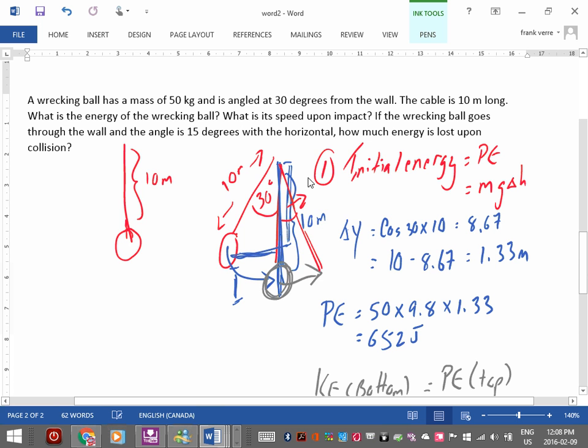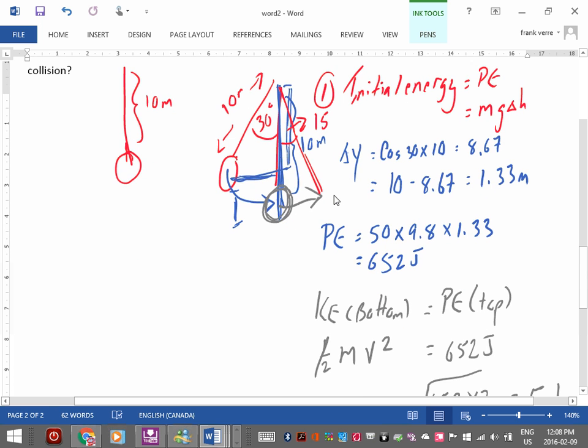How much potential energy would it have? The wrecking ball goes through the wall, goes up, and then stops. So what would the potential energy be at 15 degrees?